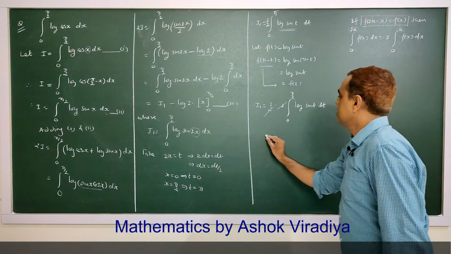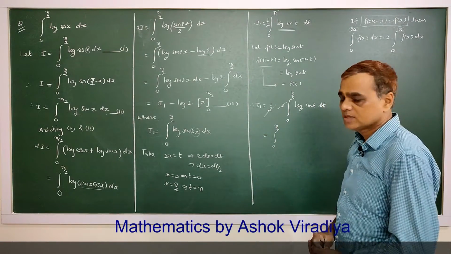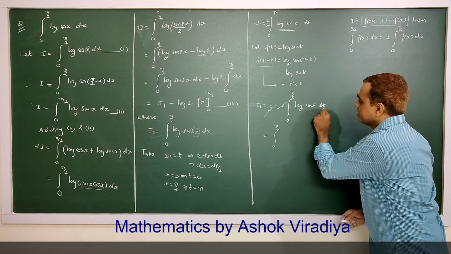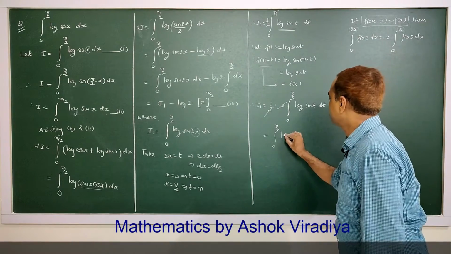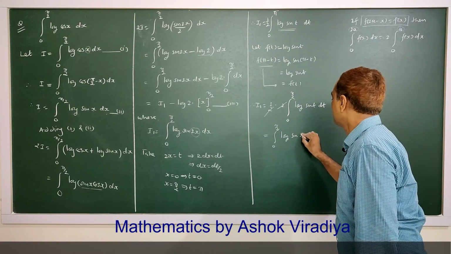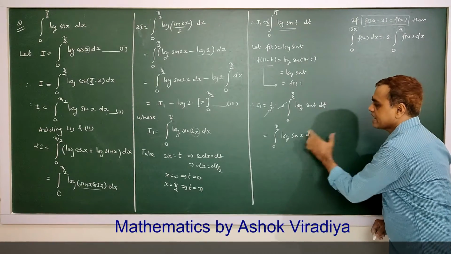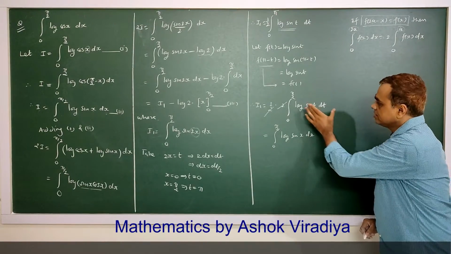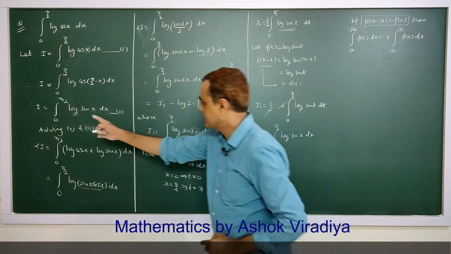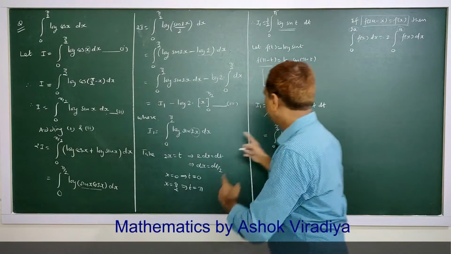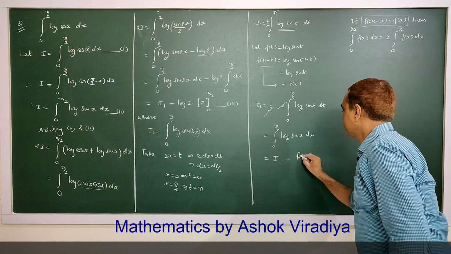So it is 0 to pi by 2. In a definite integral, instead of t, if I keep x, it remains the same. So only changing the symbol in a definite integral, the value remains unchanged. So t can be replaced by x. These are the same. Now see, what is it? It is I. From equation 2 we are getting this value. So it is I.